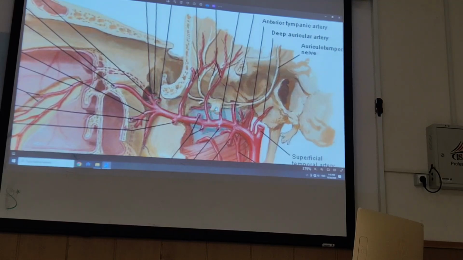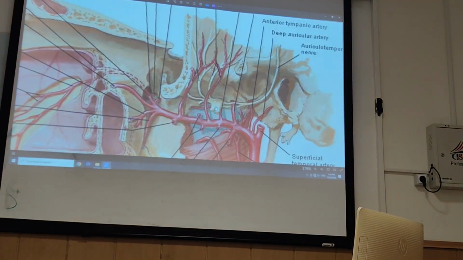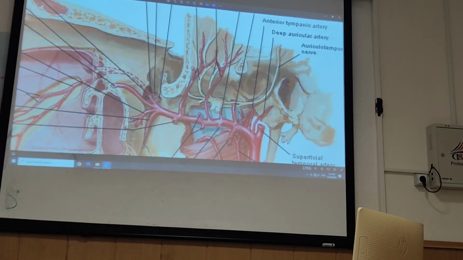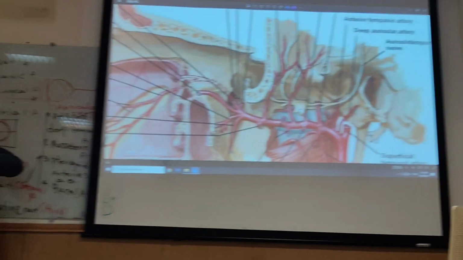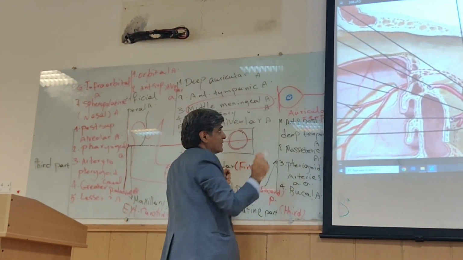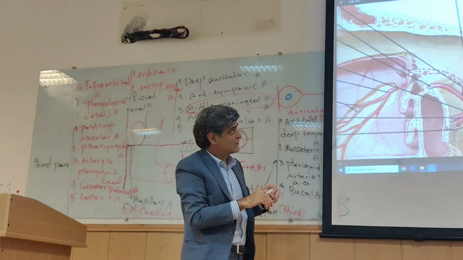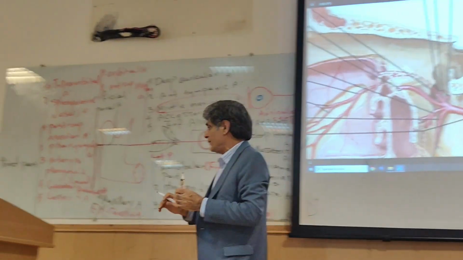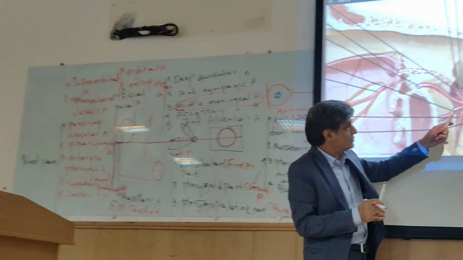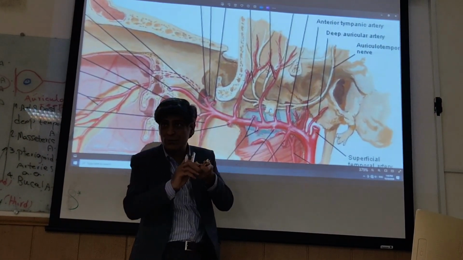This artery passes between the roots, through the loop of nerves.